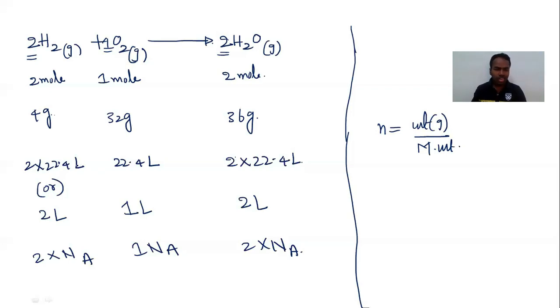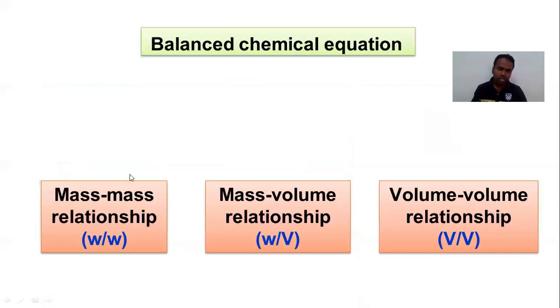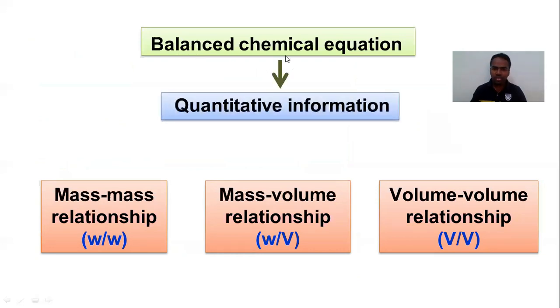Based on this, there are mainly IIT, NEET and IIT level. So there are mainly 3 relations. What are these 3? So first, we need to balance the chemical equation. So from this balanced equation, we get the quantitative information.